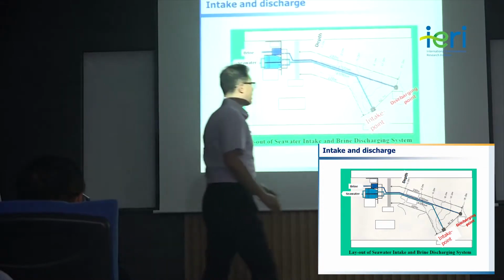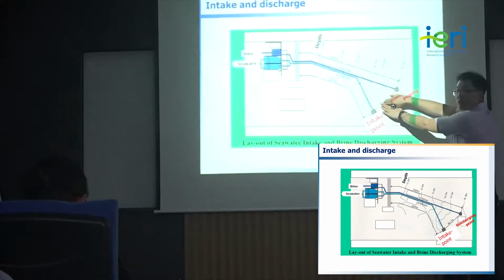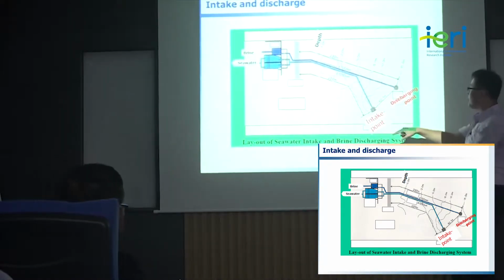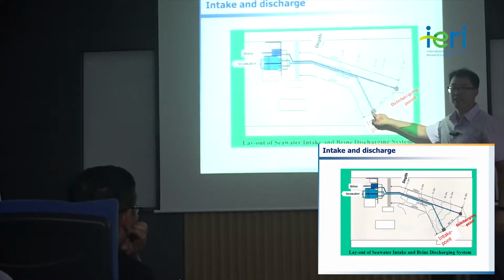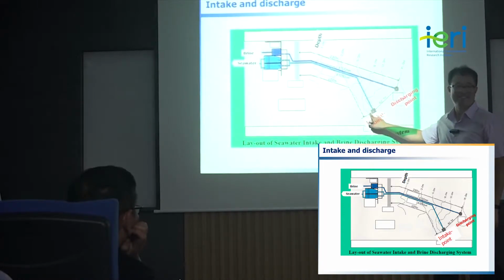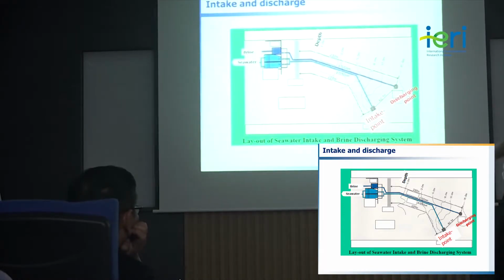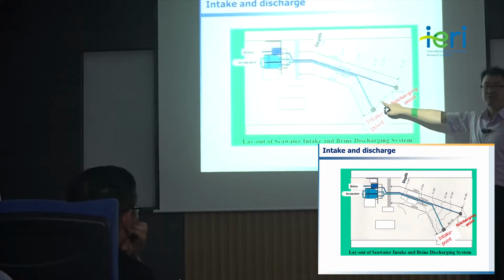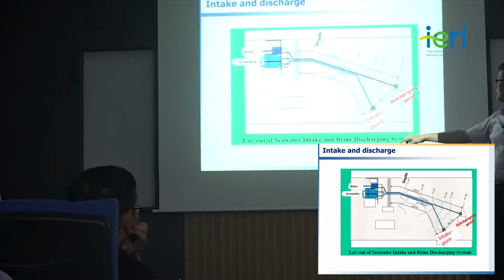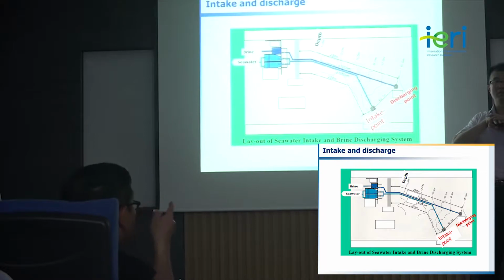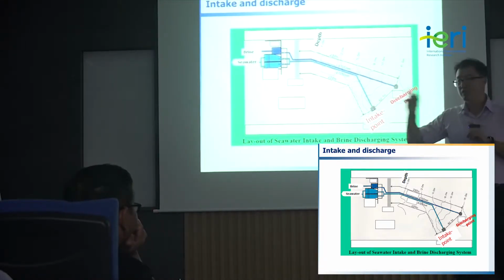So they cannot be so close, because if the concentrate comes to the intake, that is a disaster. But let's look at this figure, 62.1 meters, not that far. This distance is enough just to throw away the concentrate.